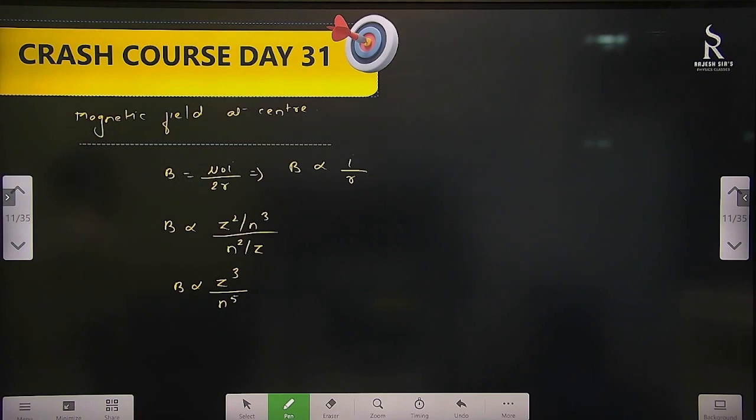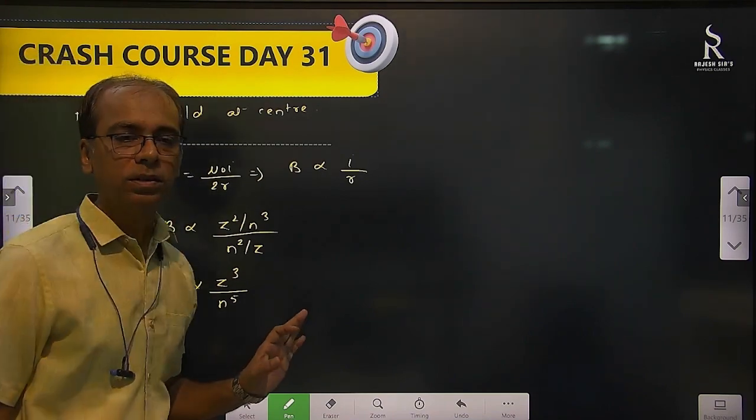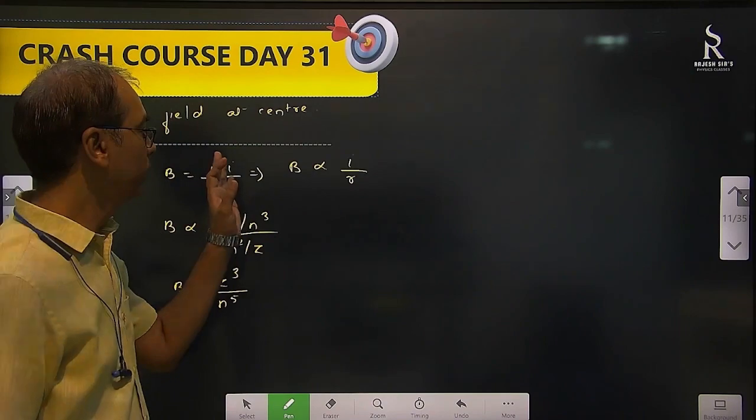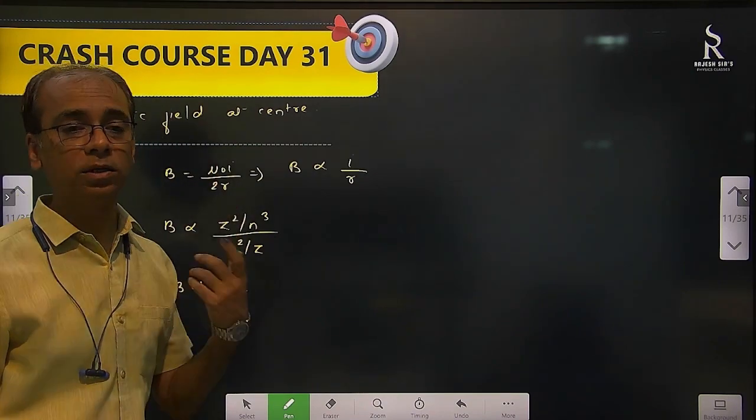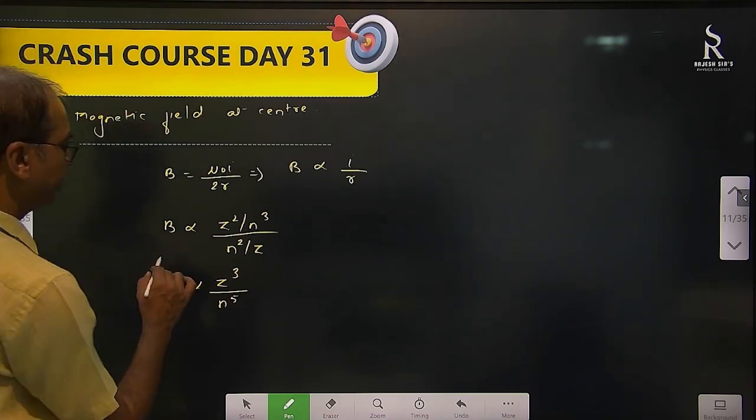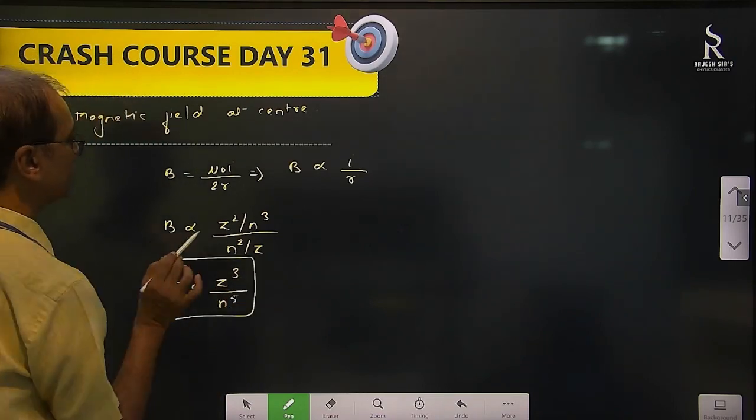So these are all parameters in which we can show the proportionality, and we can find the questions which are related to ratios. This is how you should be able to find.